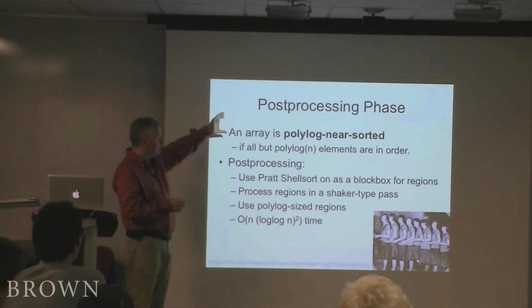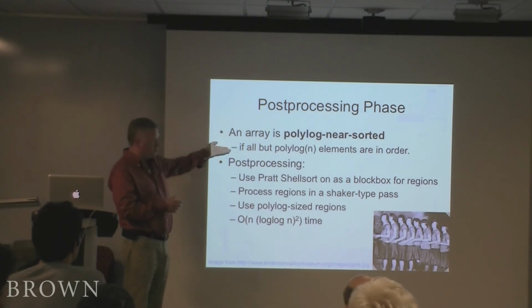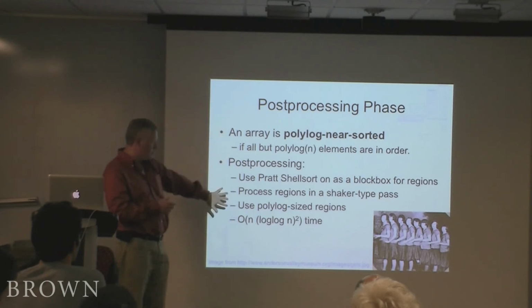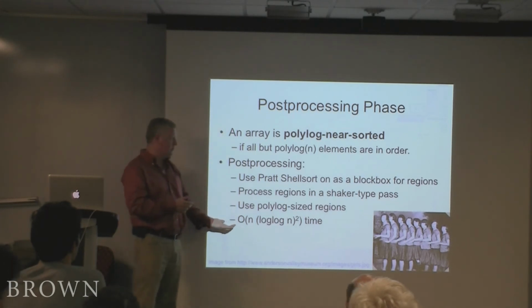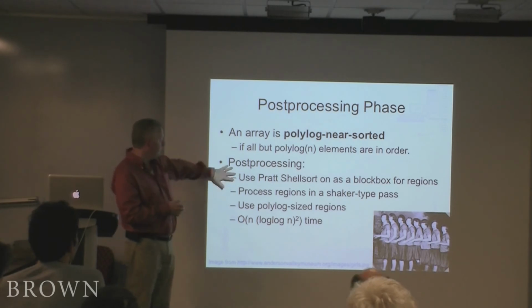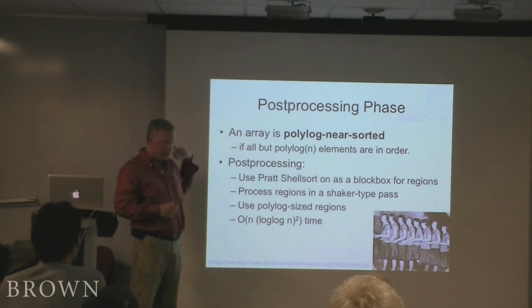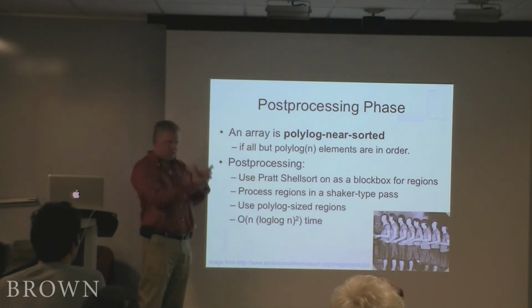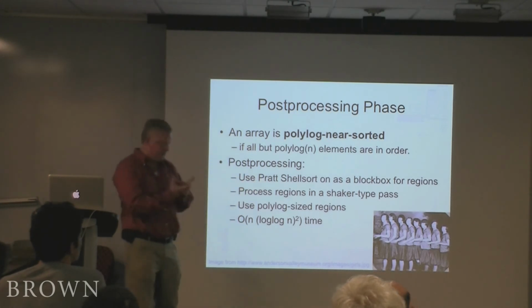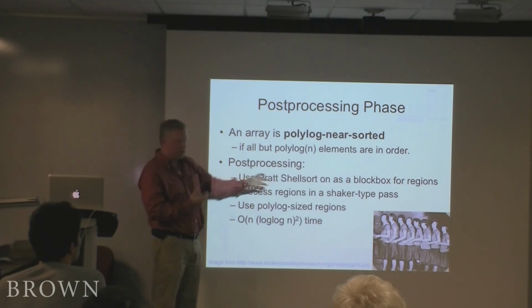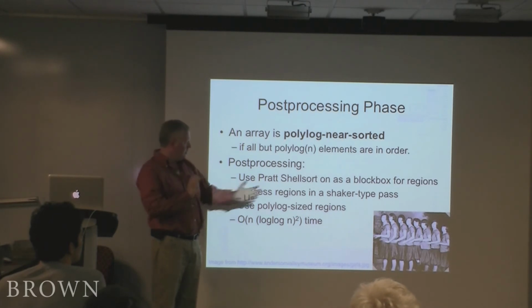So what I'm saying is I'm going to show that that event occurs with very high probability. And if that occurs, then this post-processing step is guaranteed to finish off and sort things. Because what we'll do is just one more pass, a shaker pass. But now, instead of using region compare-exchange for every region compare, we'll just do a deterministic shellsort on that region of size 2 times polylog.